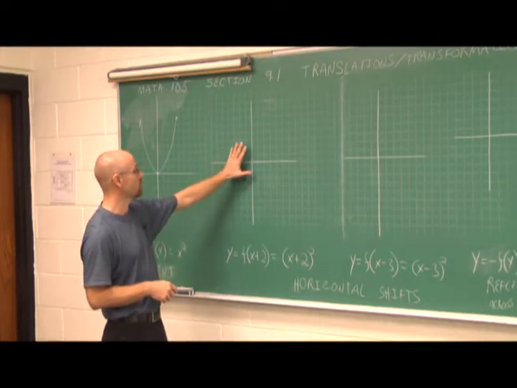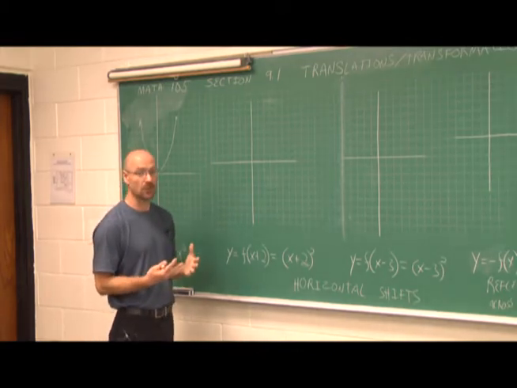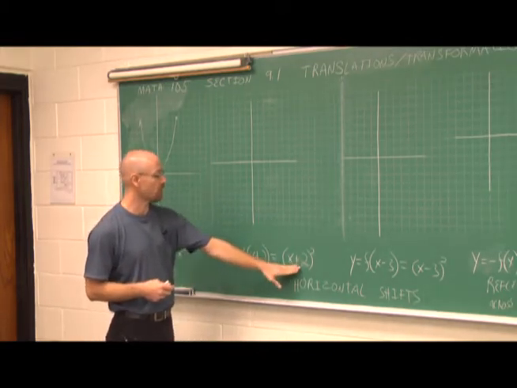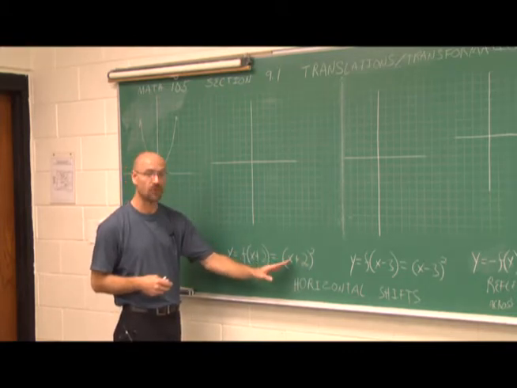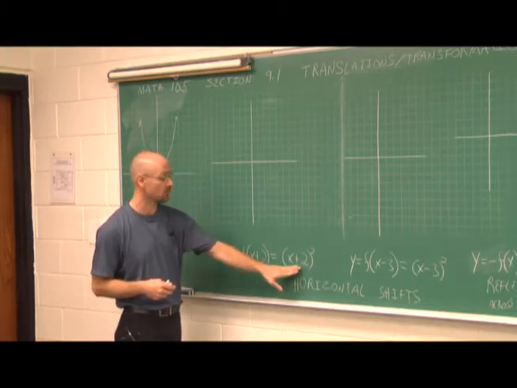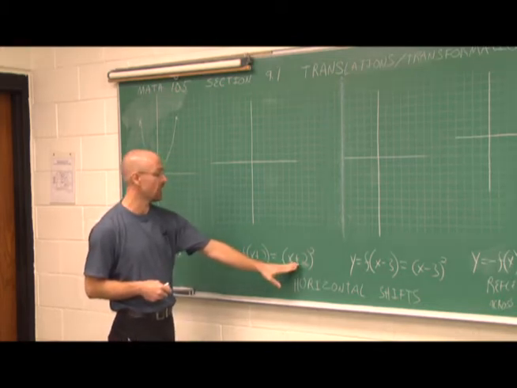Now, if I want to do this, I really only have to graph one point, and that is that vertex. Essentially, if we recall from 7.5, that h value is of the form x minus h. So we need to take the opposite of what we actually see in here. So I have plus 2.